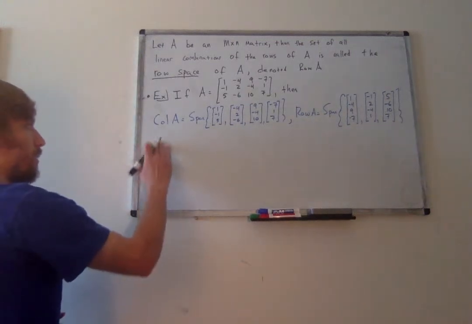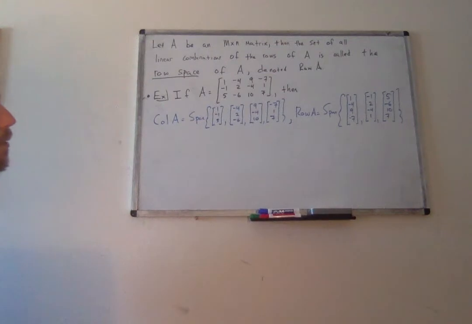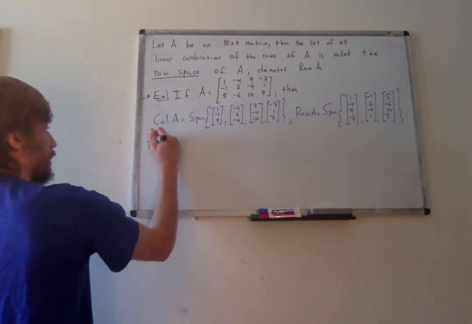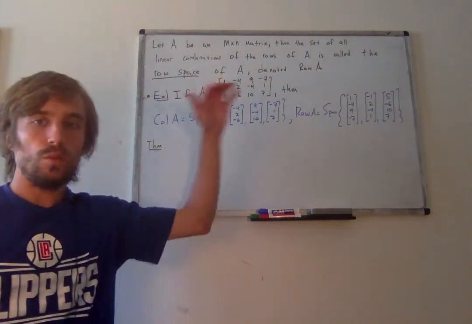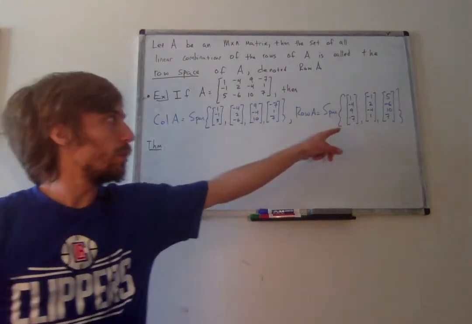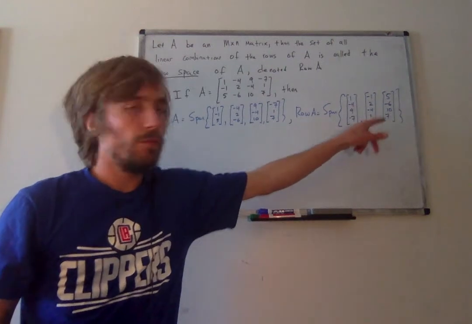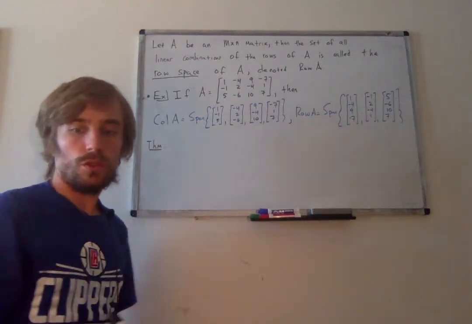It turns out, before I write this, we actually have a way of doing this. And this basically just follows from the fact that row operations on a matrix A are equivalent to forming linear combinations of the rows.